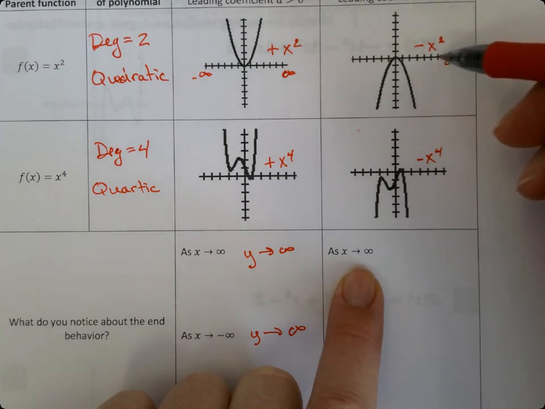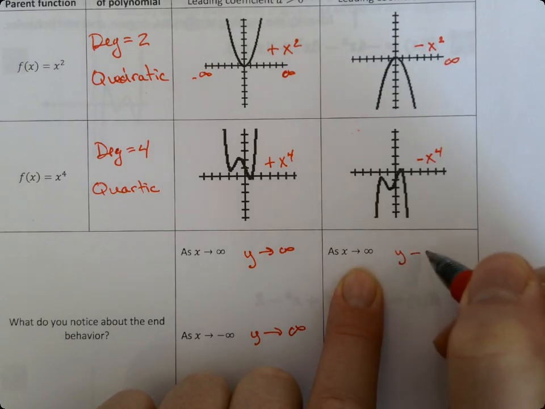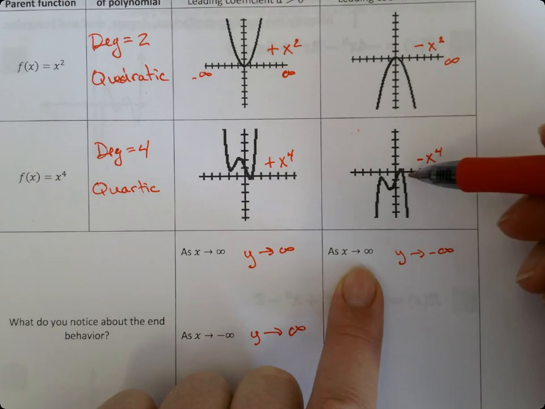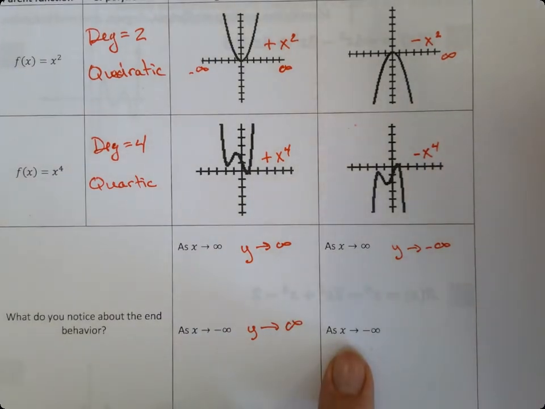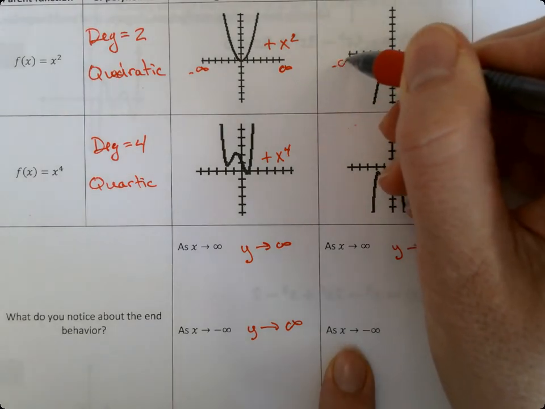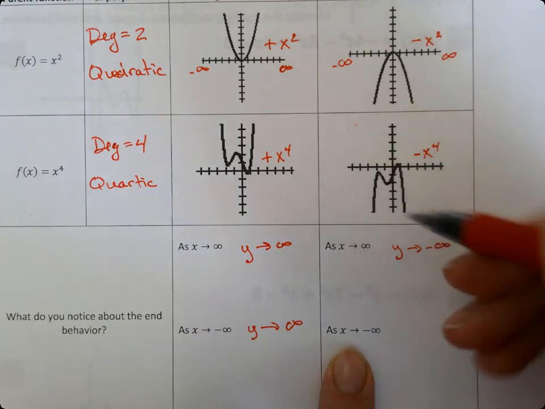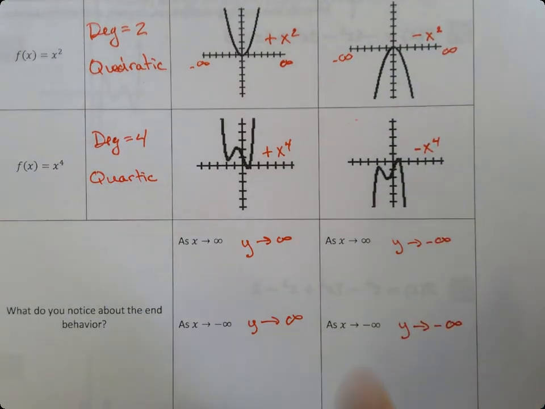So as we go out the x-axis, the y value is going down. So y is going to be approaching negative infinity. Do you see that idea? As I move out here, this is going to keep going down, down, down. And as x approaches negative infinity, as I go to the left, my graph is also pushing down on both of these. So y is also going to negative infinity.